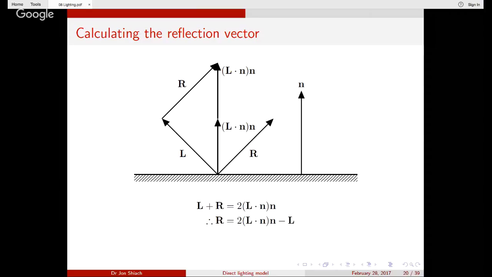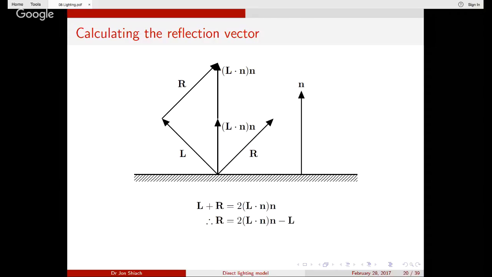Now, when you did the collisions assignment, quite often L is switched. In lighting models, I've done it this way because that's the way Phong wrote it in his original paper. Quite often, L is going towards the surface.